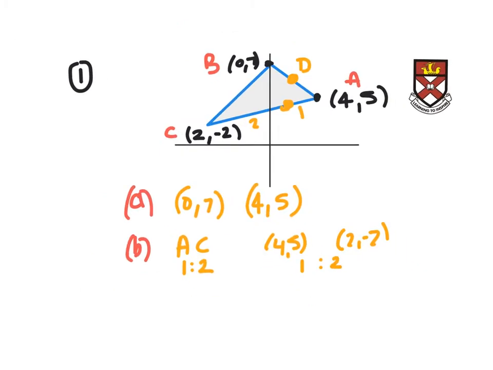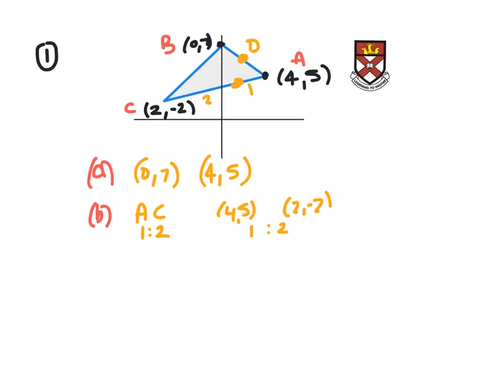So, let me make that a wee bit smaller so I've got space to write. We can do our cross multiplying method. So we're going to do 2 times 4, add on 1 times 2, and then divide by the 2 added to the 1, or the 1 added to the 2. In other words, divide by 3.